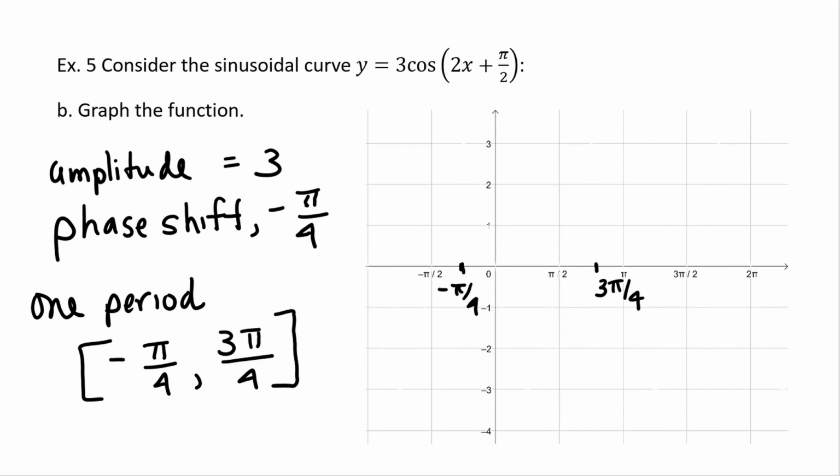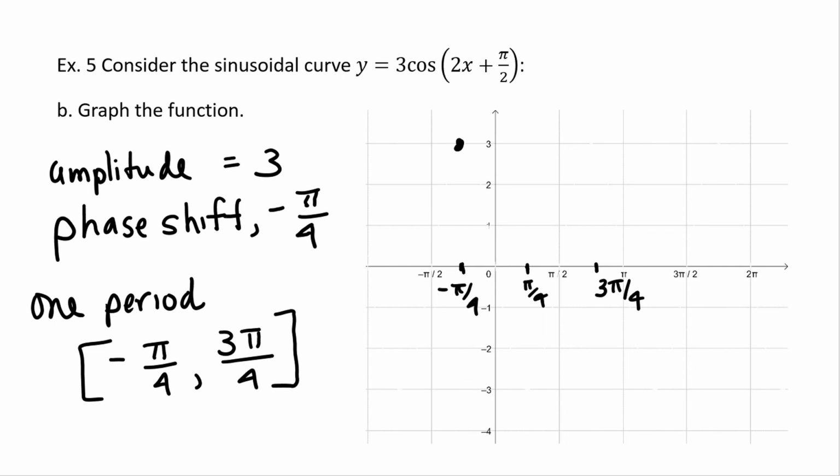Let's get our key points. So midway between minus pi over 4 and positive 3 pi over 4 would get us to positive pi over 4. Now let's mark the points. We have an amplitude of 3, so at negative pi over 4, cosine is at 3.